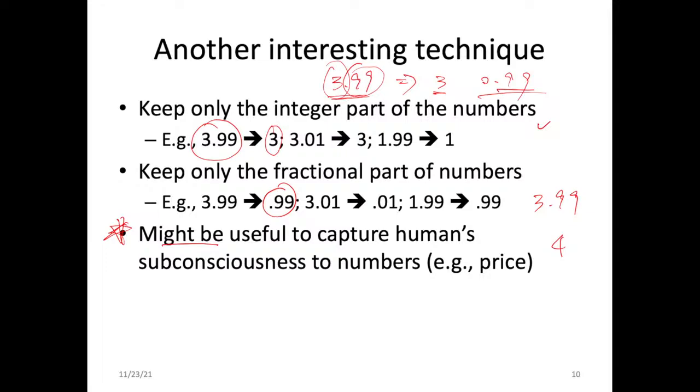And you can take this to an even more extreme. If you have, let's say, 771.585, for example, I just randomly wrote a number, you could convert this into 7, 7, 1, 5, 8, 5, as 6 different features. Again, this might be able to capture some kind of subconsciousness of humans.